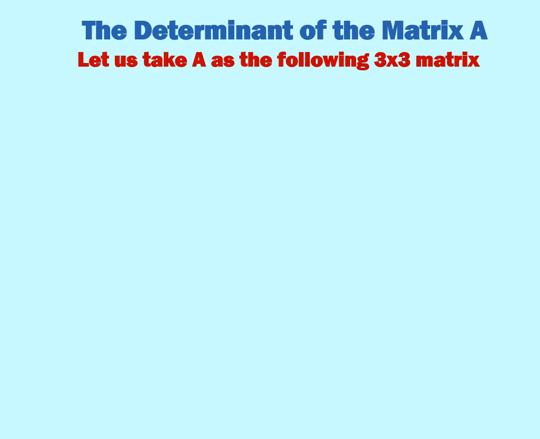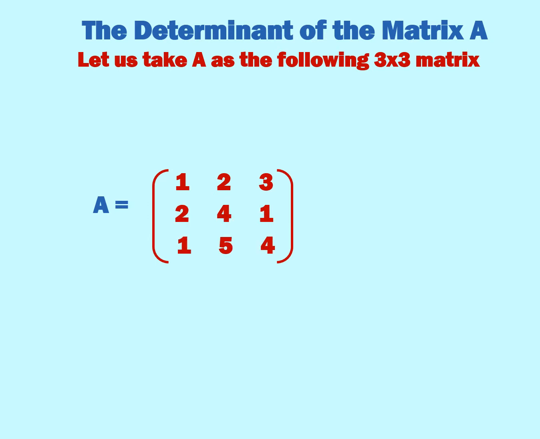Okay, now let us move on to the first step of our calculation, that is finding the determinant of A. We will take the A matrix, which is a square matrix of the order 3x3, where the elements of the matrix are 1, 2, 3, 2, 2, 4, 1 and 1, 5, 4.